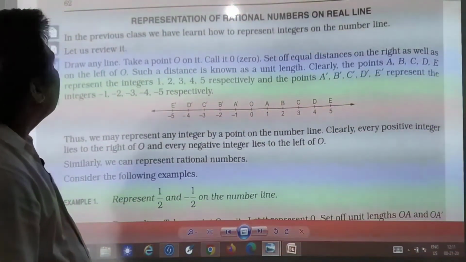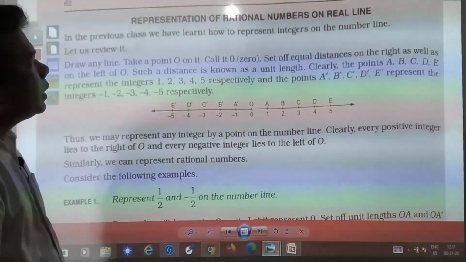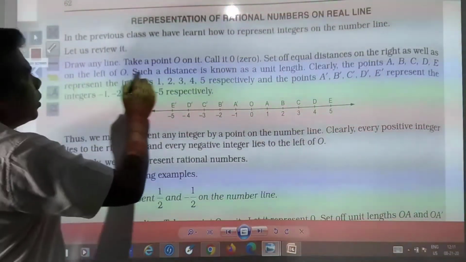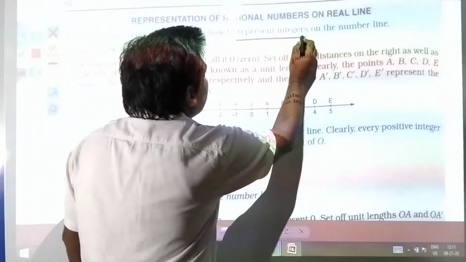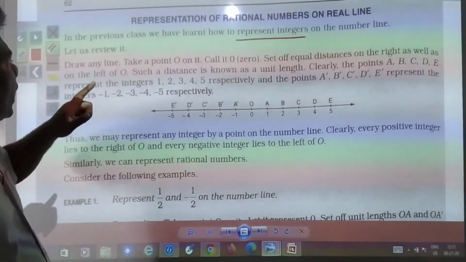In the previous class we have learned how to represent integers on the number line. Let us review that. Draw any line.